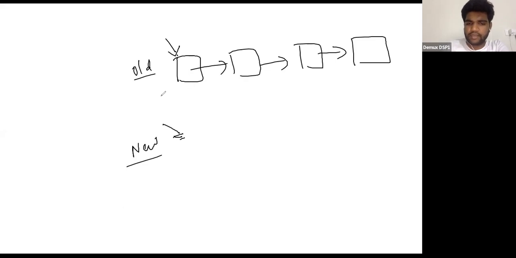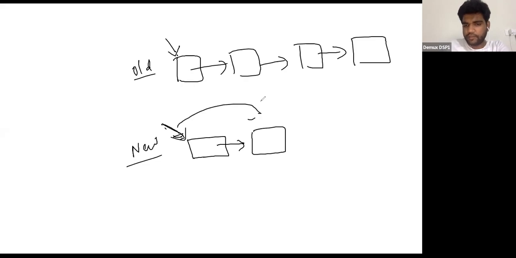I take care of the case when it is null, then I just make this pointer get a new node, right? And after that, in the next steps, I make the current pointer's next get a new node, and then I move this. So this is what I do without a dummy node.